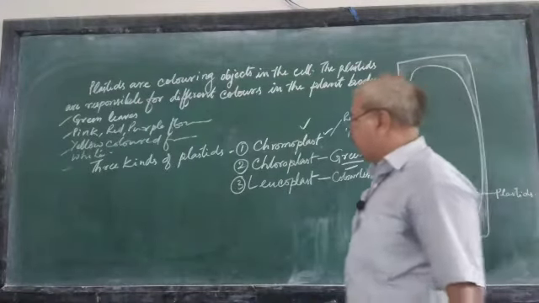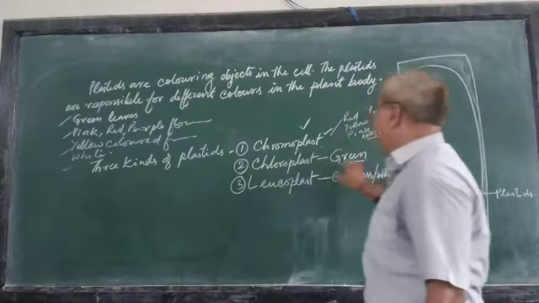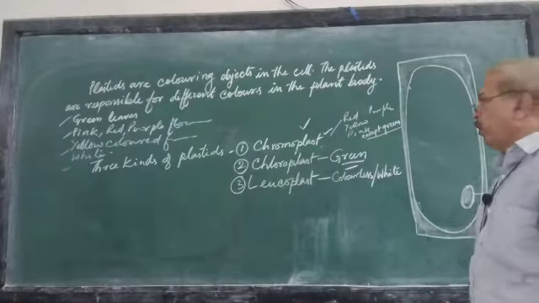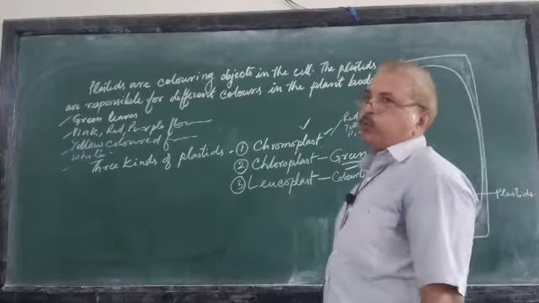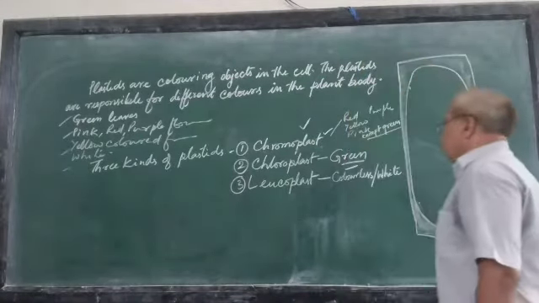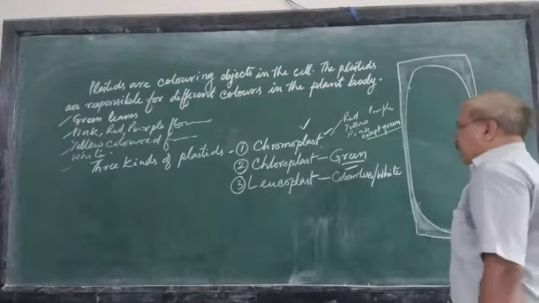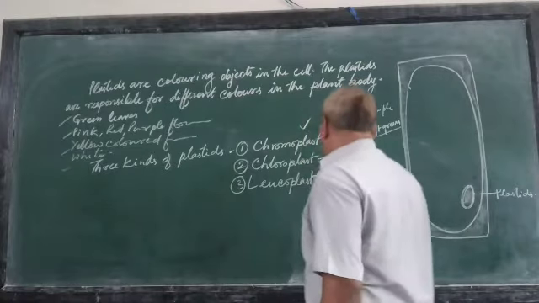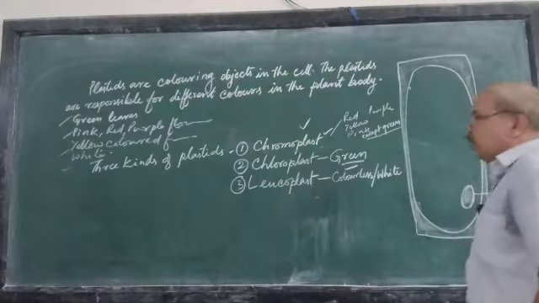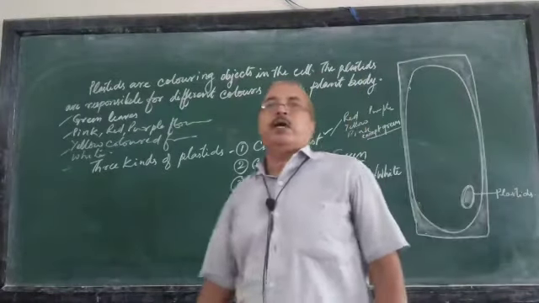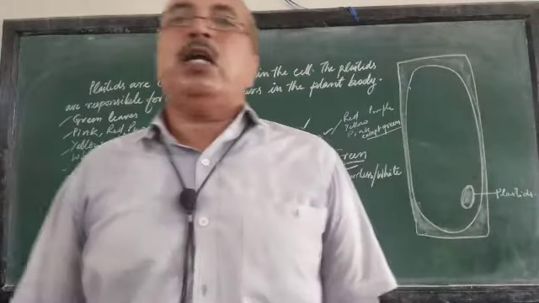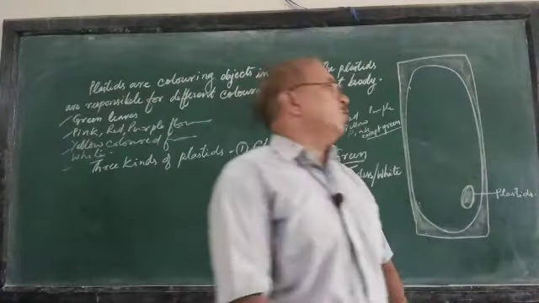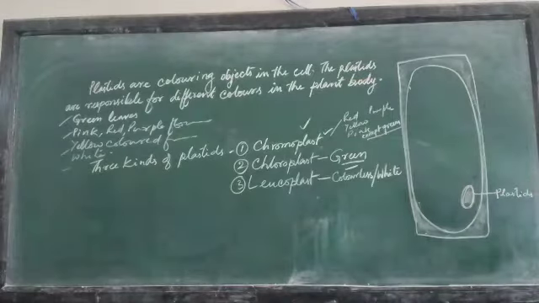All those responsible for giving green color to the plant body, generally the leaves, sometimes branches and stem also, are called chloroplasts. And those responsible for colorless or white parts of the plant body are called leucoplasts. So plastids are of three types.